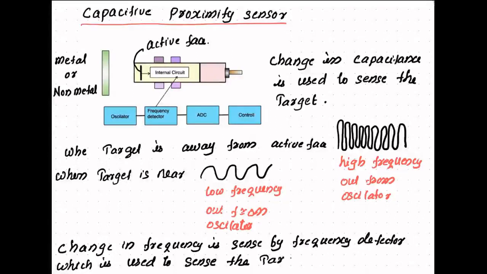This capacity proximity sensor is widely used in automation industry. The next one is inductive proximity sensor. The inductive proximity sensor looks similar to the capacity proximity sensor.